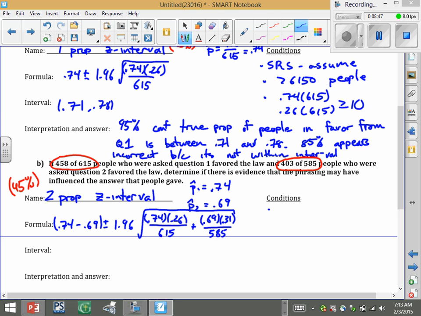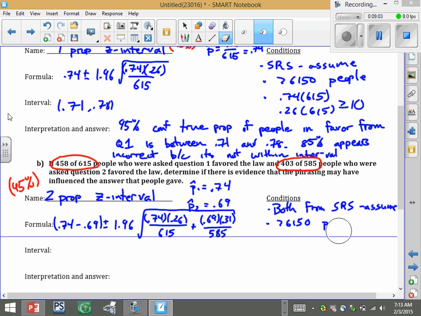I'll fill in the conditions real quick. They're both from an SRS. We're going to have to assume that. We need more than 615 times 10 people. And that's actually going to carry for both of these, since 585 is less than 615. So we could put this in here just to prove we know what we're talking about.